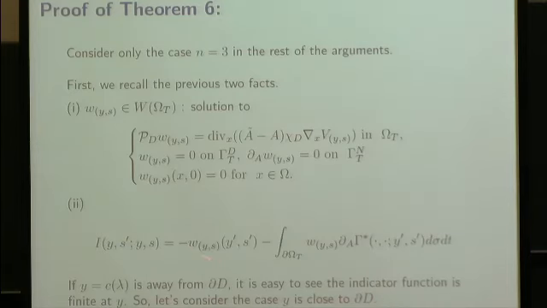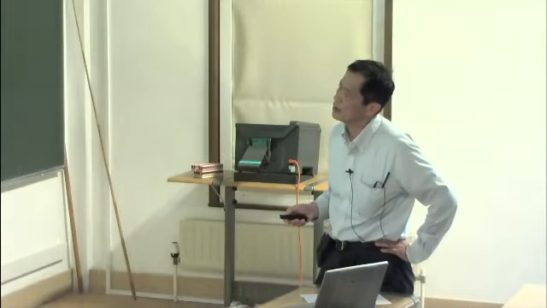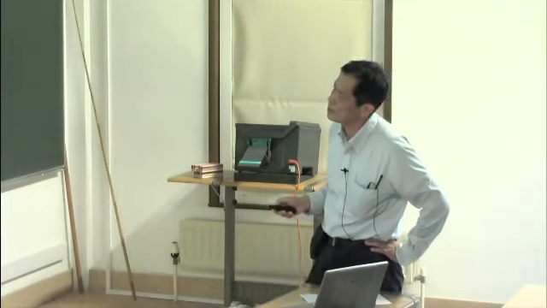Sorry, I have to say, taking y and y prime equals 0, if y is away from partial D, this will never blow up. So what we have to show is the case where y is close to partial D.